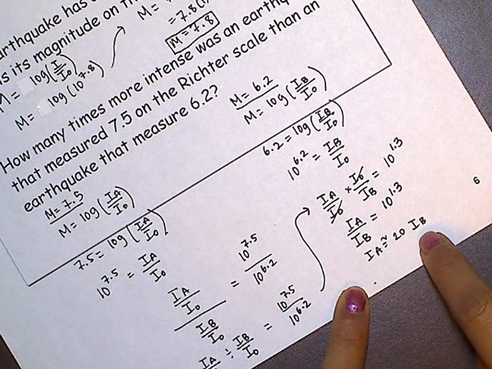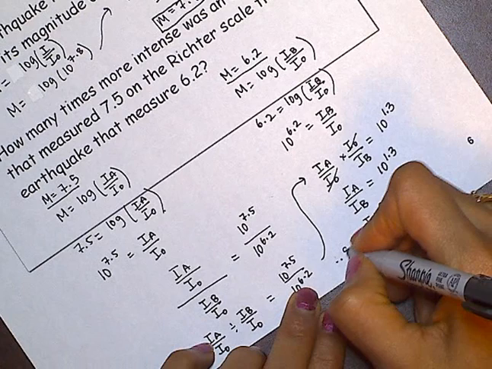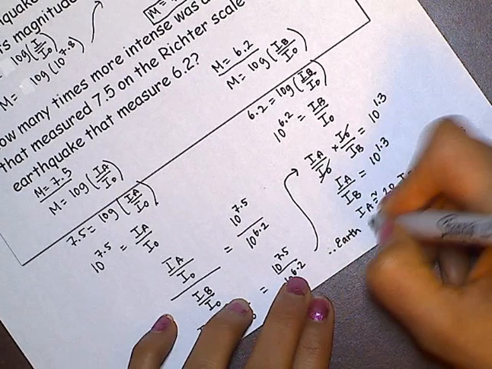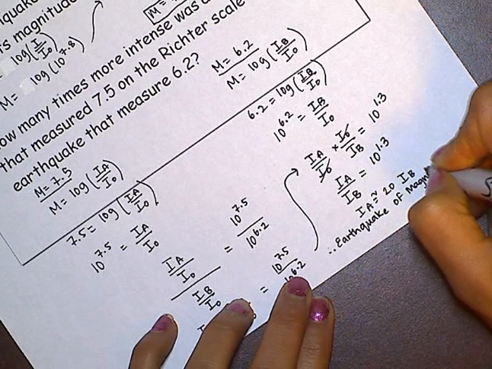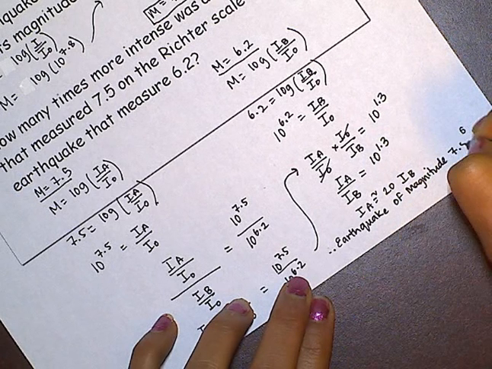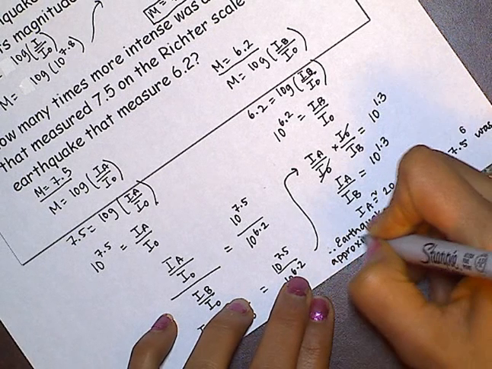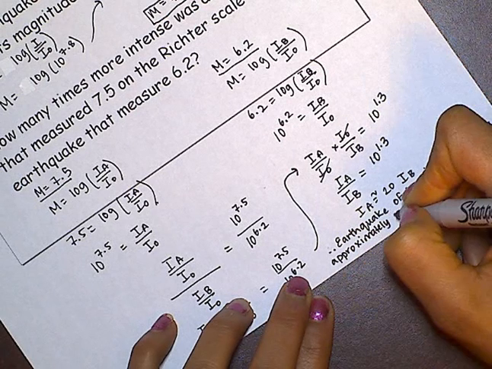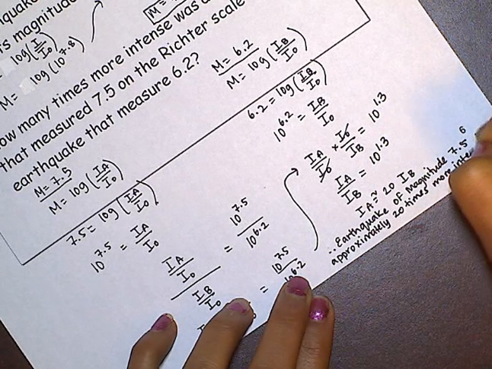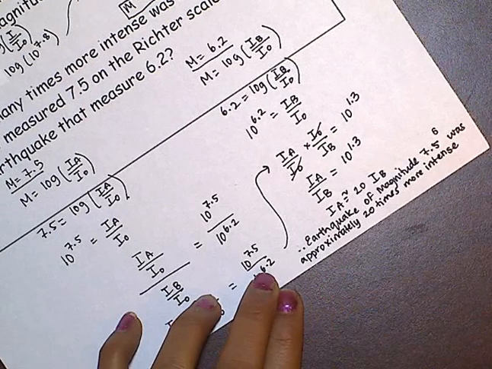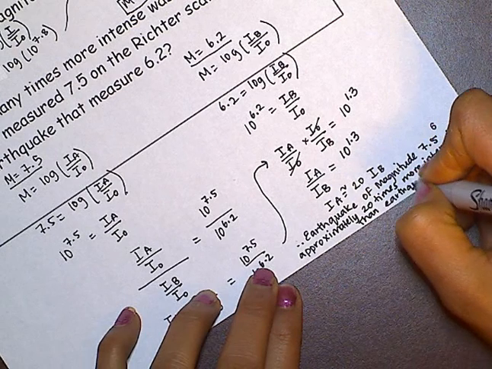So therefore, the earthquake of magnitude 7.5 was approximately 20 times more intense than the earthquake of 6.2 magnitude.